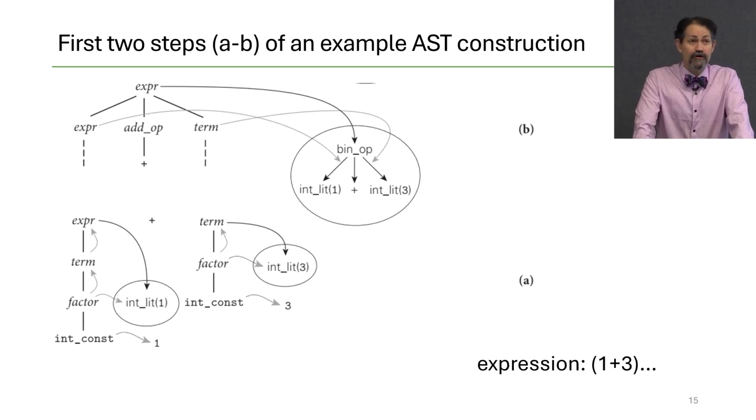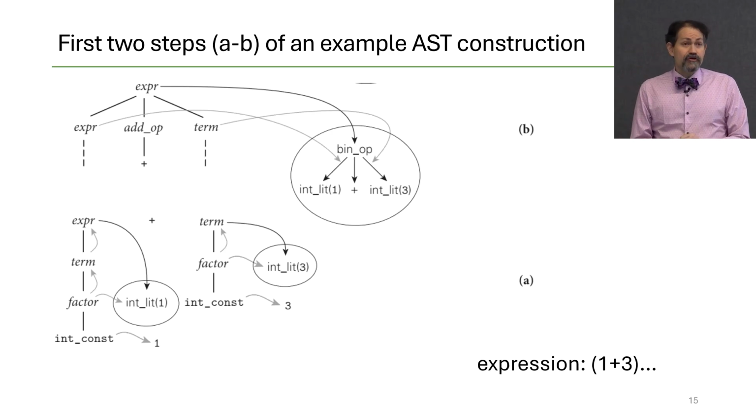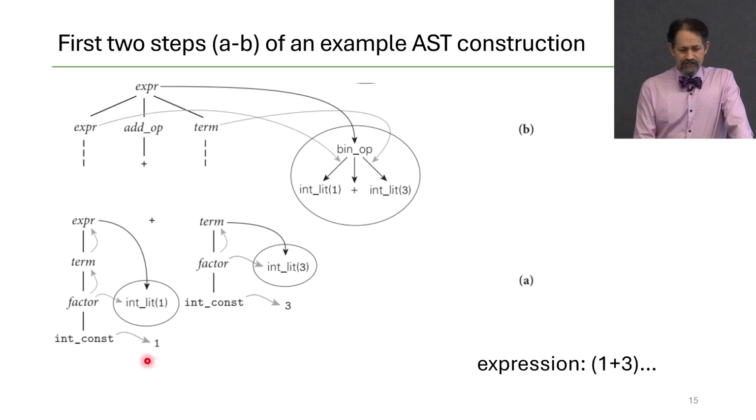Here we have a figure from the book, and we're going to start with part A, where we build up the lowest level piece of an expression. We're looking at the expression 1 plus 3. And so 1 will be identified first as an integer constant. You can see that here the int const refers to the value 1 as the integer constant we have identified.